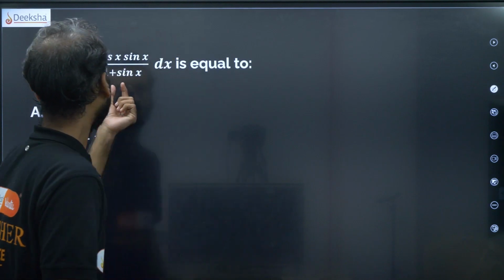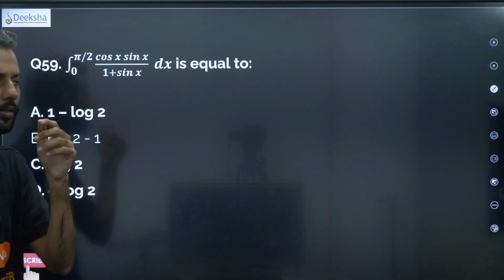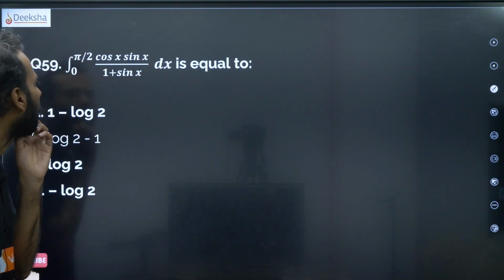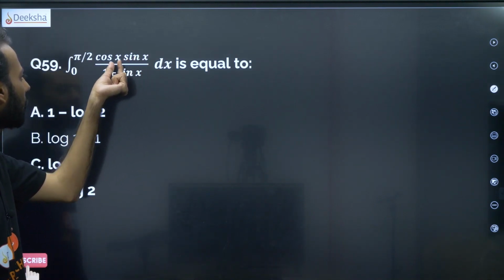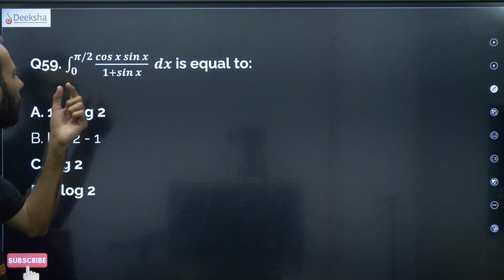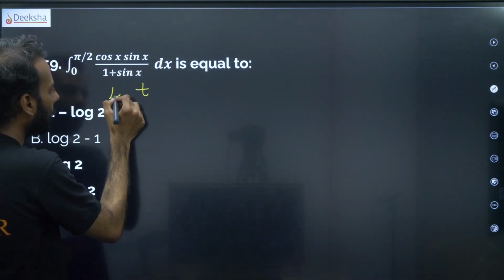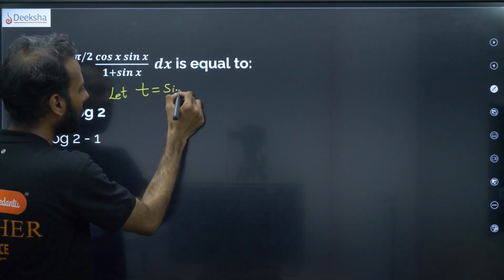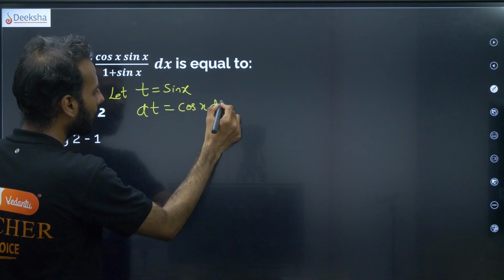See here, if I place sin x, to simplify this directly, for trigonometric functions we don't have any direct ready-made things available. Suppose I substitute sin x, then cos x dx will become dt. So what substitution am I going to make? Let t is equal to sin x, dt is equal to cos x dx.